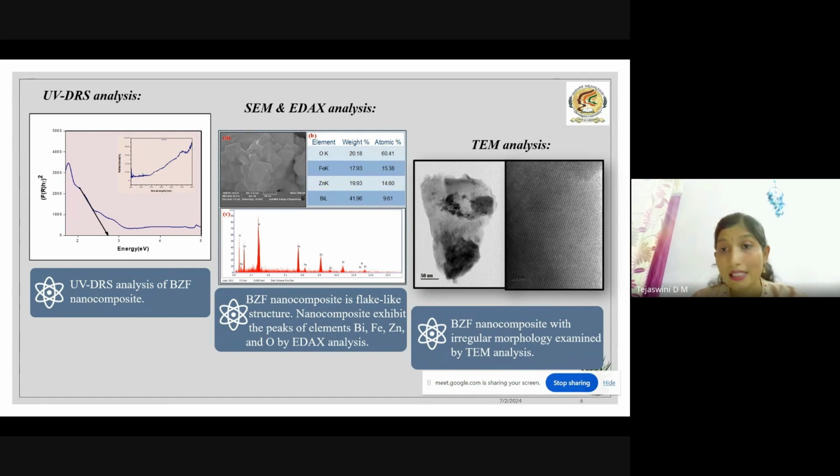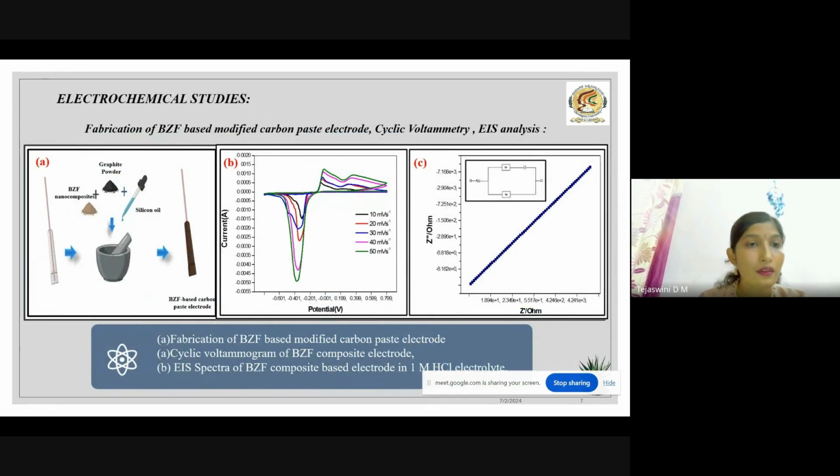In order to know the surface topology of the synthesized BZF nanocomposite, TEM analysis was carried out, which shows an irregular morphology, and the interplanar distance between the atomic layers is 0.0191 nanometer by TEM analysis.